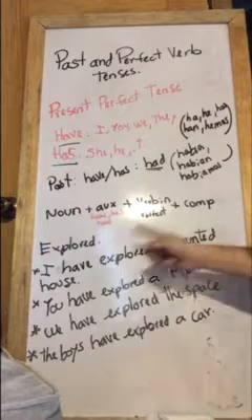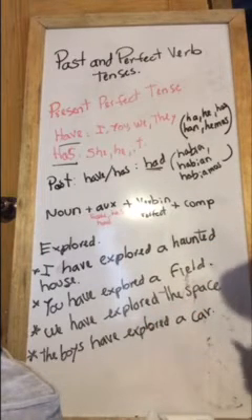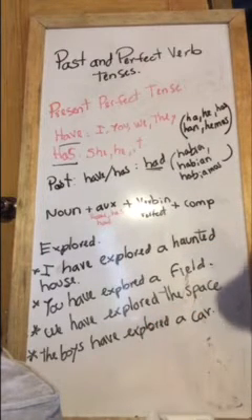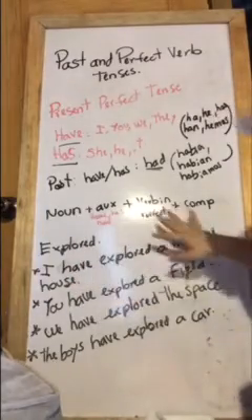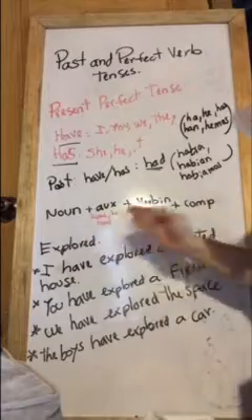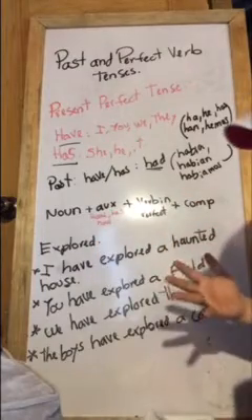Okay? So all of those are the ones that you are going to do with have and the perfect form of explore. In this case, explore doesn't change. But when we make the examples for the other ones, you will see how it changes.